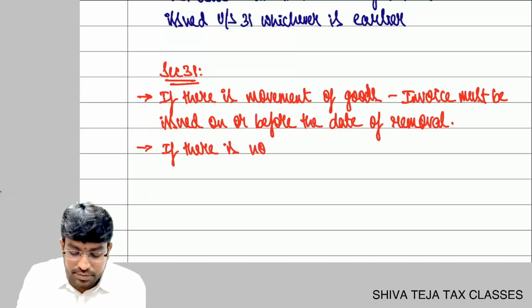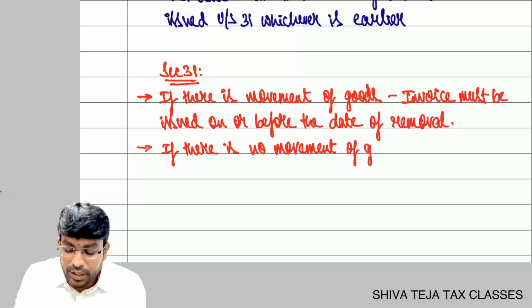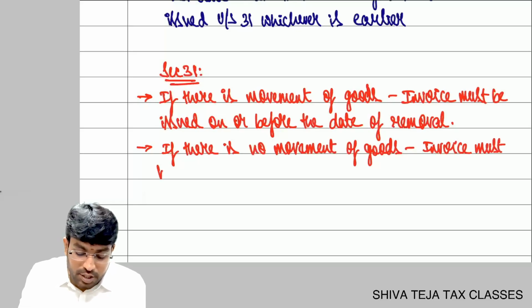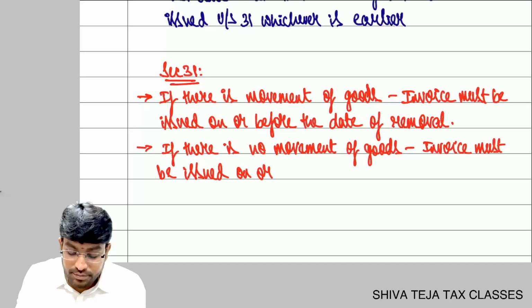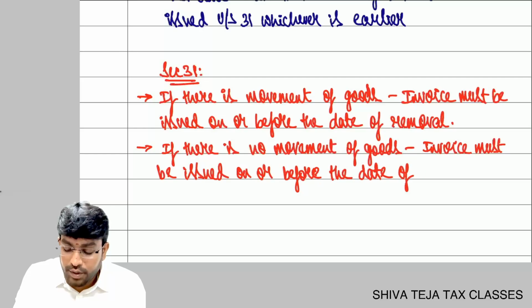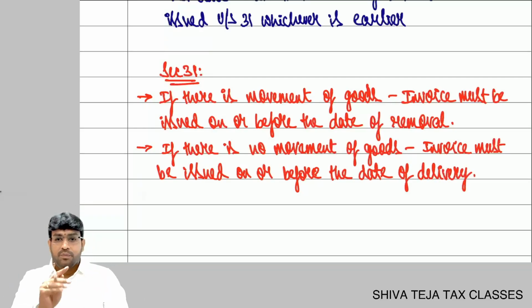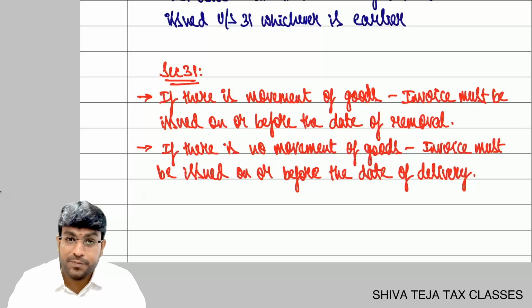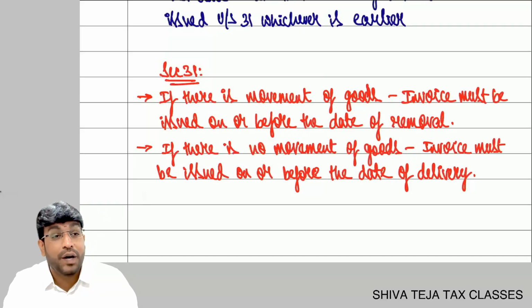Next. If there is no movement of goods, invoice must be issued on or before the date of delivery. So, if there is movement of goods, what is the answer, friends? Invoice must be issued on or before the date of removal.